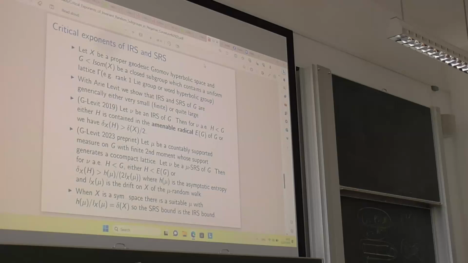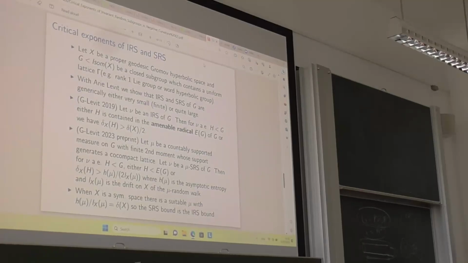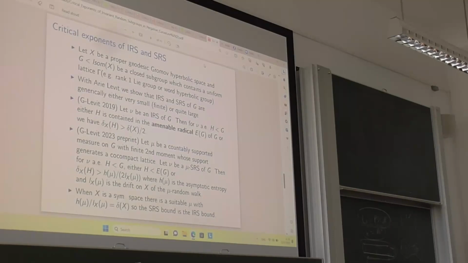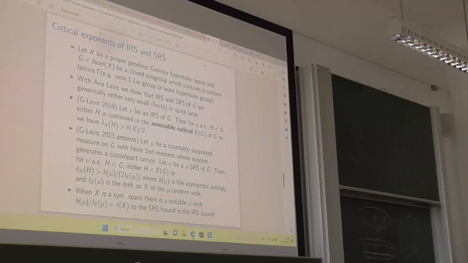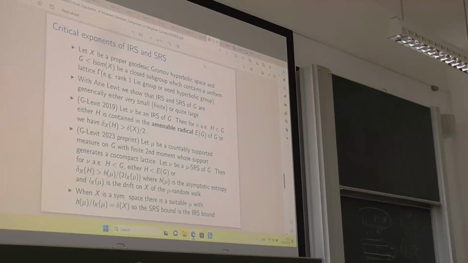We show that for any SRS, again, either it's essentially the identity, supported in the amenable radical, or its critical exponent is strictly bigger than the entropy h of the random walk, divided by twice the drift of the random walk.